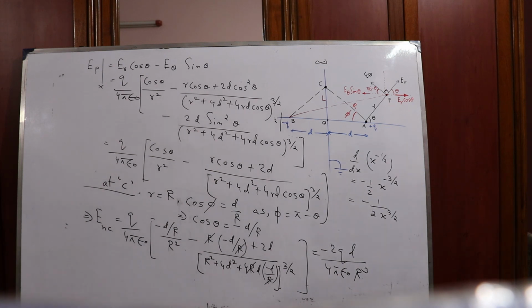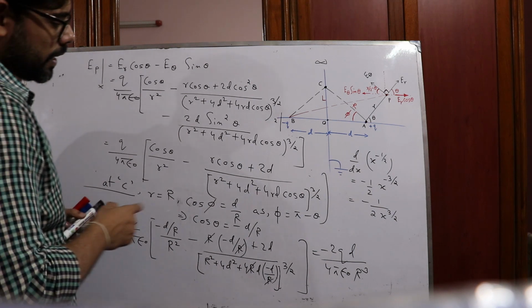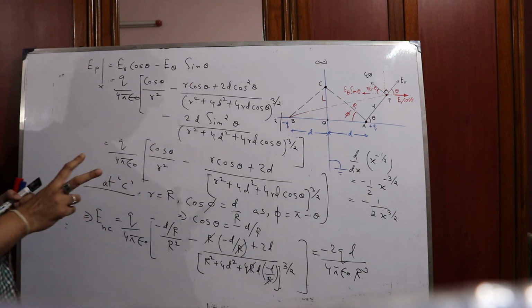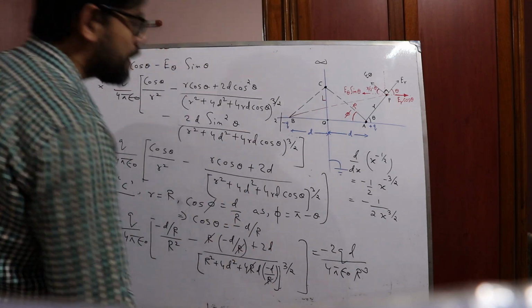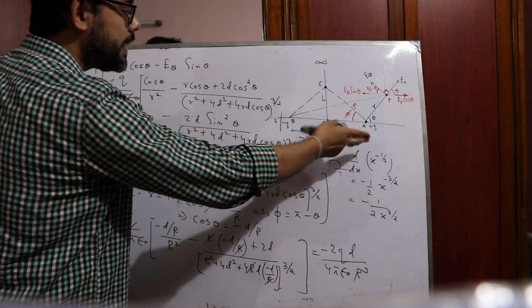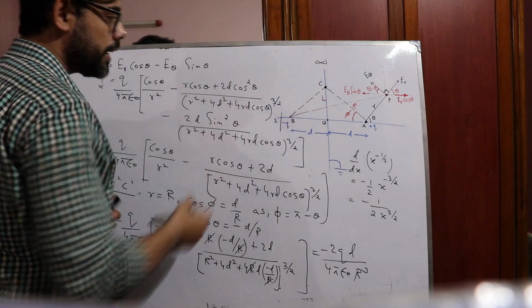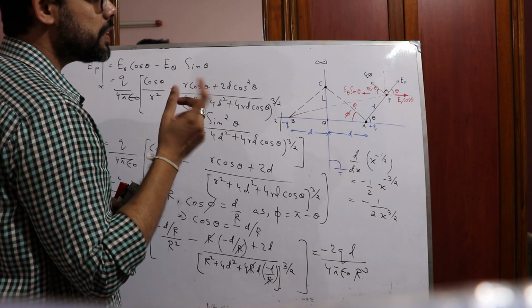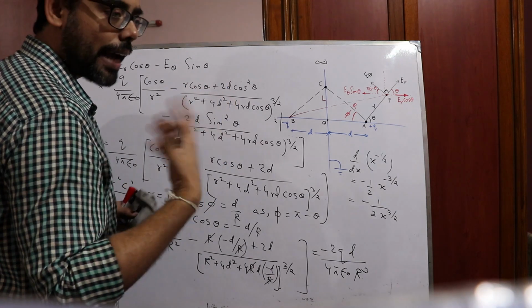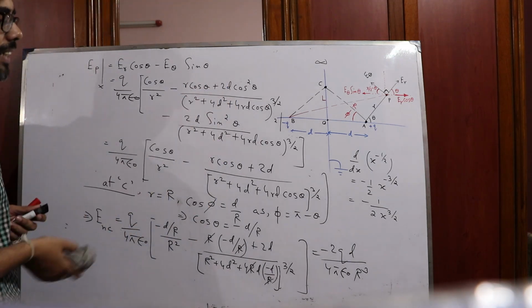Now you see, once we have arrived here, we can find the surface charge density at the point C. This plus q is inducing some charge on this infinite plane, and on each and every point on this plane, the value of surface charge density is actually varying. We will just see that.